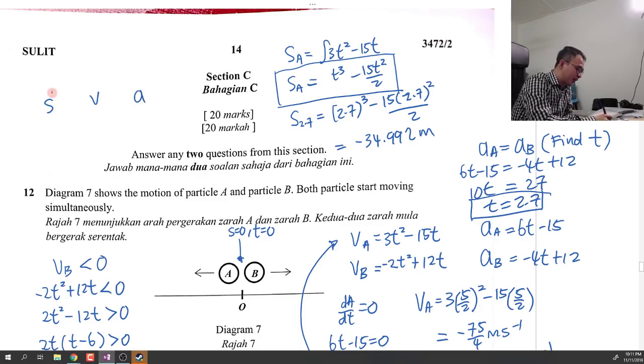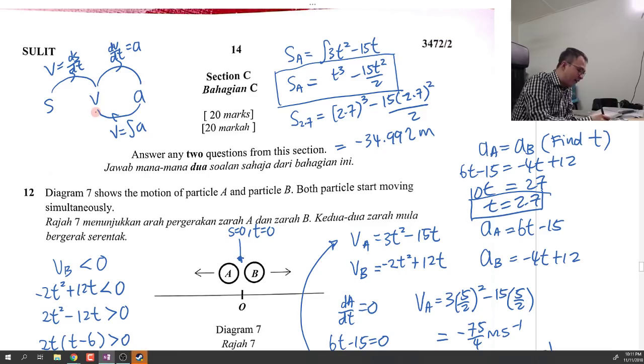To get the velocity, you need to differentiate S, so ds/dt will give you V. If you have V and want A, you differentiate V, so dv/dt gives A. But if you have A and want V, you need to integrate A. If you have V and want S, you integrate V. So right now I have V and I want to get S. This explains why I integrate V.